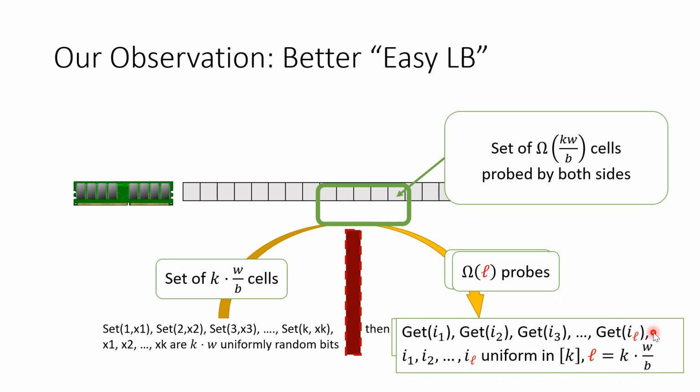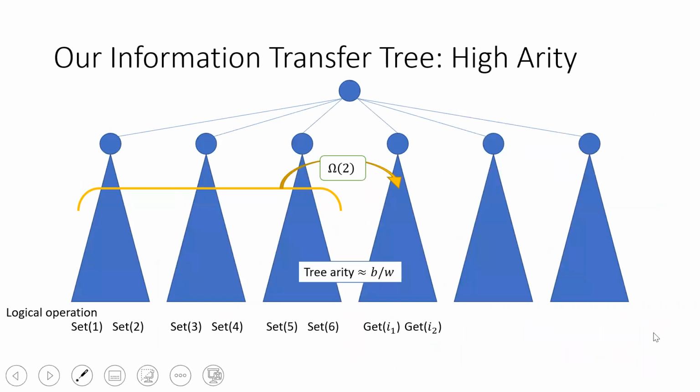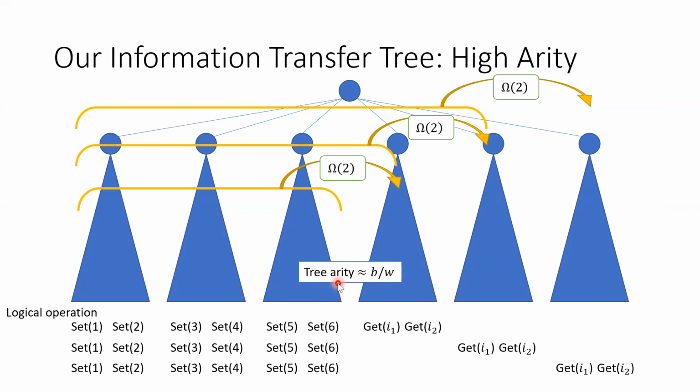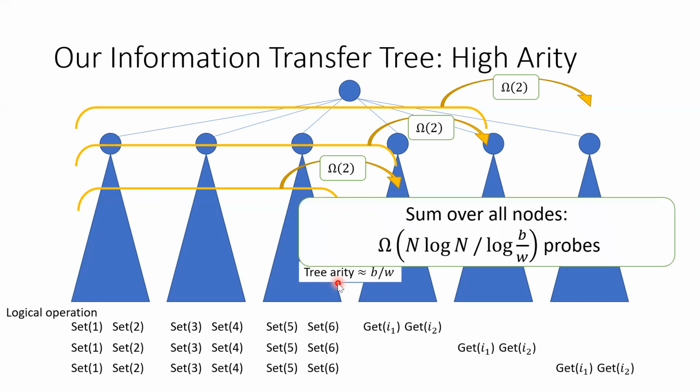So with this change, we can use a variant of tree construction and modify the complete binary tree into this higher arity tree, and we can still switch between logical operations and sum up the physical probes assigned to all these internal nodes and get a lower bound.